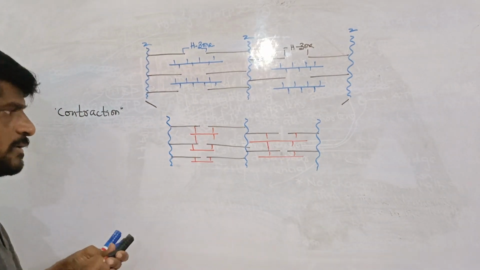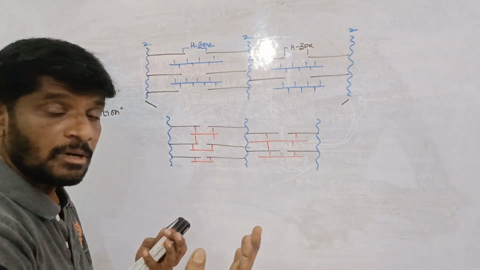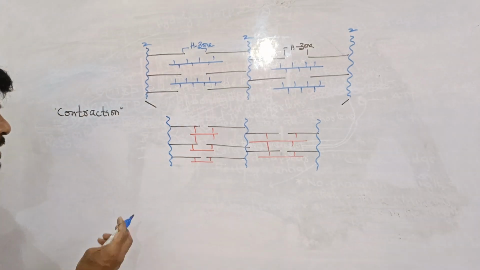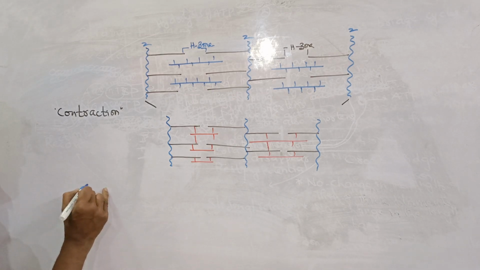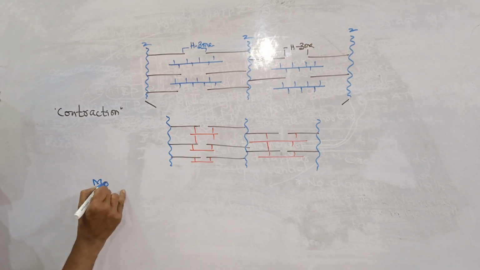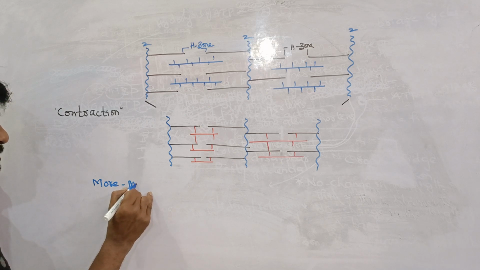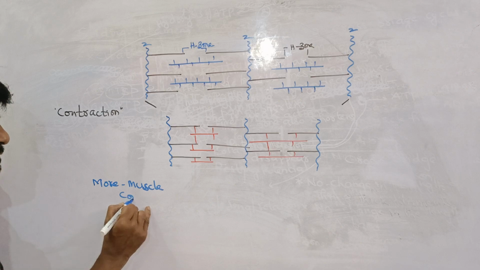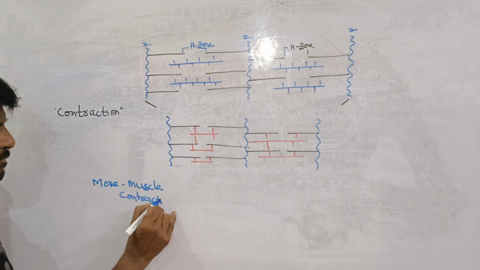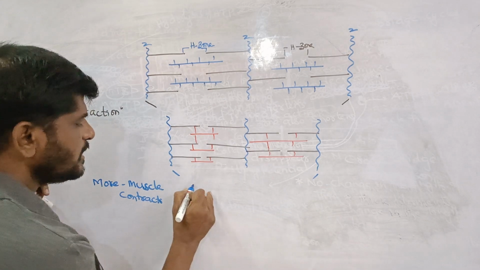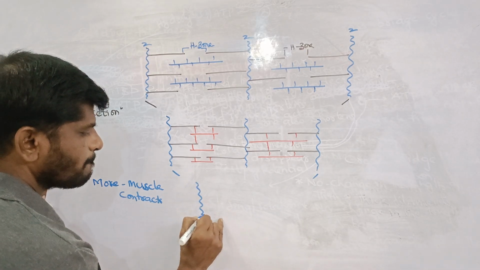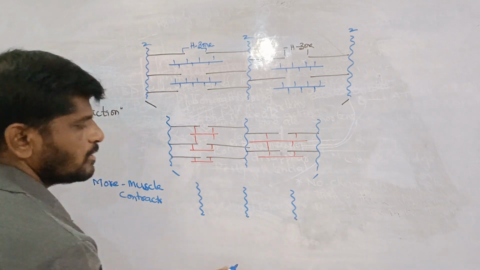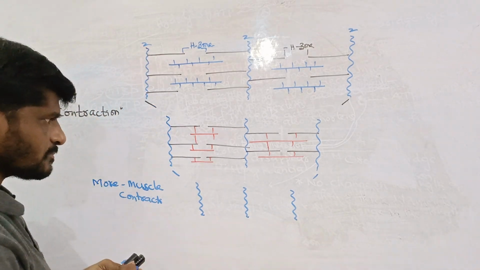When the H zone is decreasing and the I band is also decreasing, the sarcomere length is decreasing. But in a powerful stroke, in a severe, stronger muscle contraction, the Z lines still come nearer, and the sarcomere length decreases more.